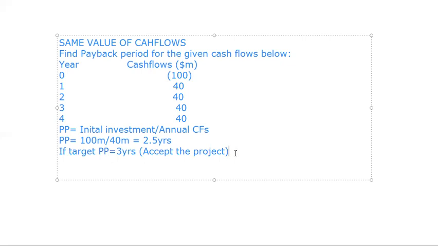So this is just the simple manner of computing payback period when you are given the same cash flows. In case we are not given the same cash flows, you would then have to add a cumulative cash flow column here, which would give you the following. You will have negative 100 here.